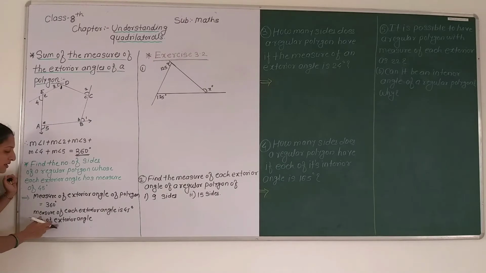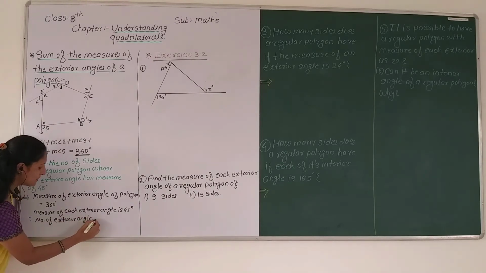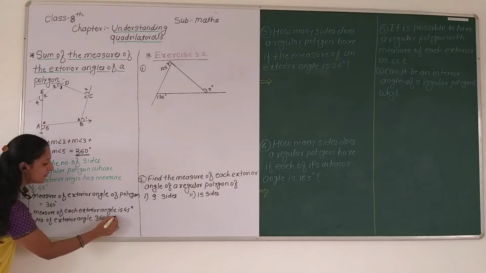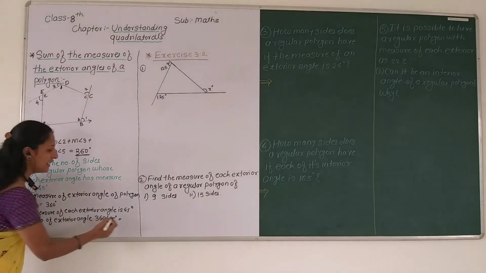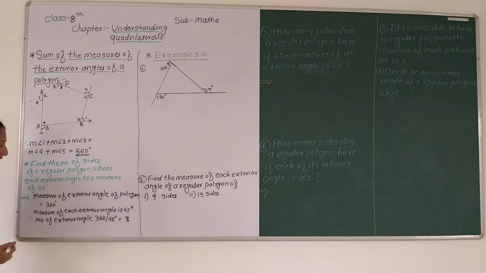We can find number of exterior angles by using division. Number of exterior angles is equal to what? 360 divided by 45 degree. Now 360 divided by 45 is? Yes, anyone? 360 divided by 45 is 8. Okay, therefore the polygon has 8 sides.